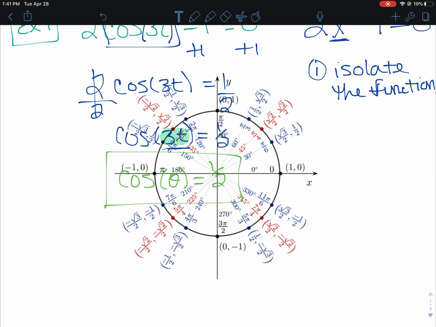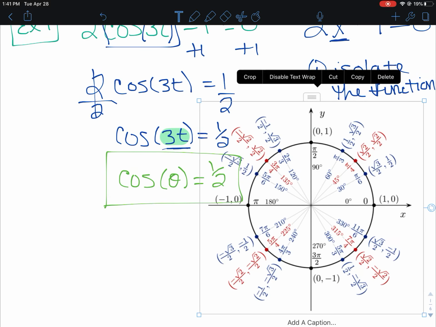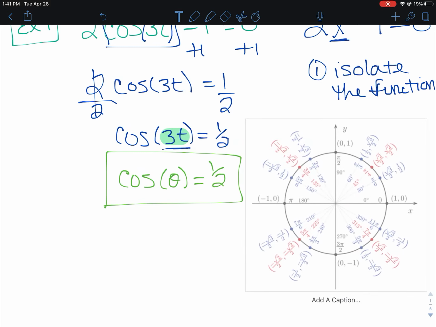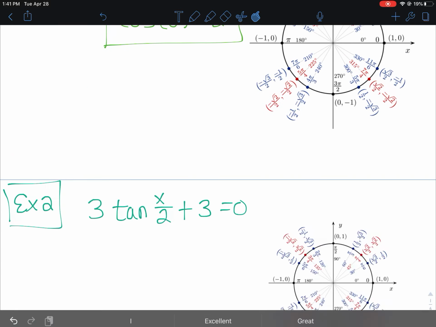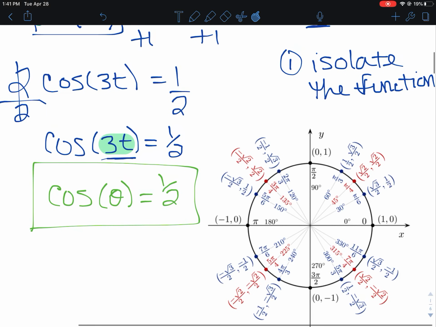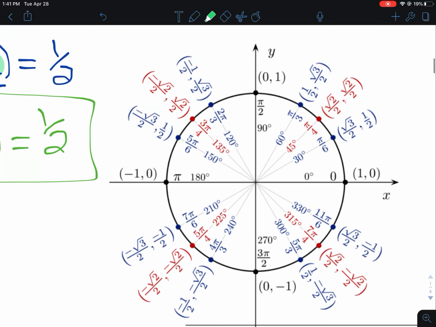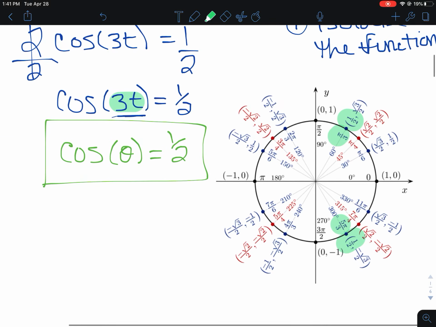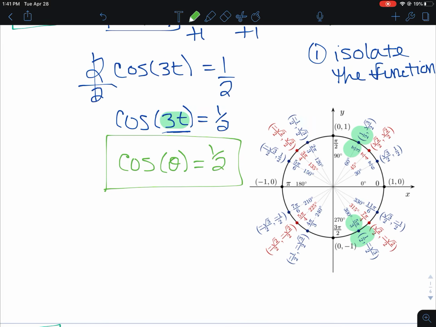Hopefully, if you memorized your unit circle, you know this by now, but for those of us who haven't, let's pull this up. Cosine, remember, is your x value on the unit circle, so we're looking for where x is equal to 1/2. And I see that here and here: 5 pi over 3 and pi over 3.